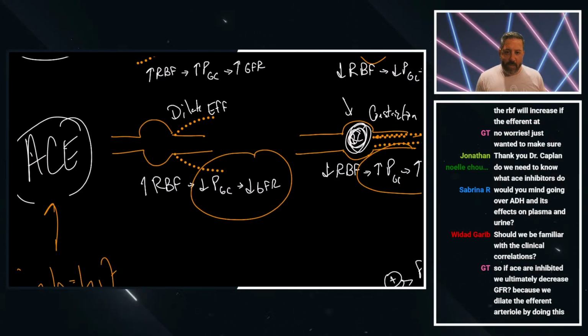We've inhibited the angiotensin converting enzyme. Therefore, we are going to have efferent dilation, and it's going to cause a decrease in your GFR, which again is why you don't want to give ACE inhibitors to people with chronic kidney disease because it's going to make their GFR even worse.